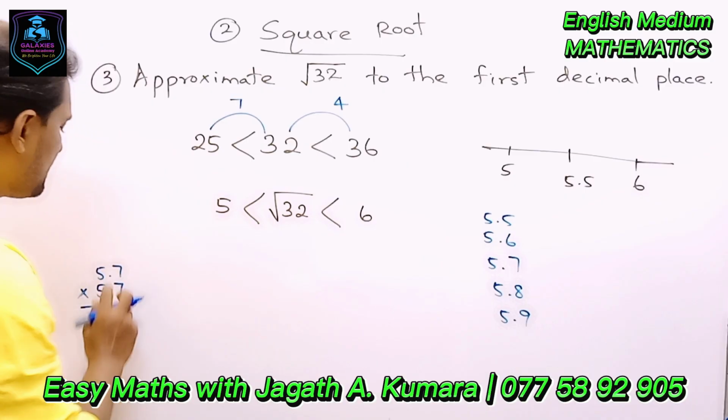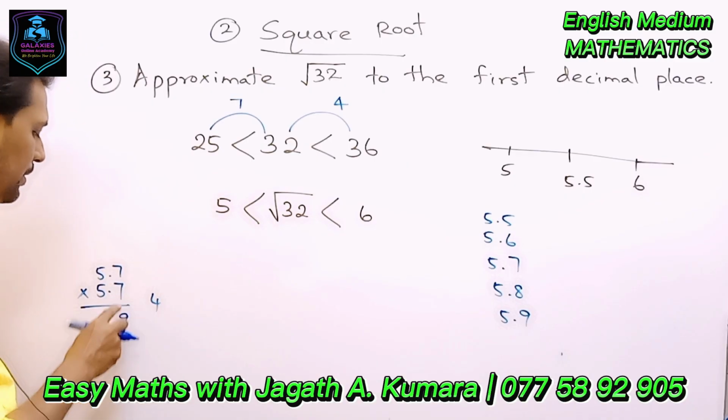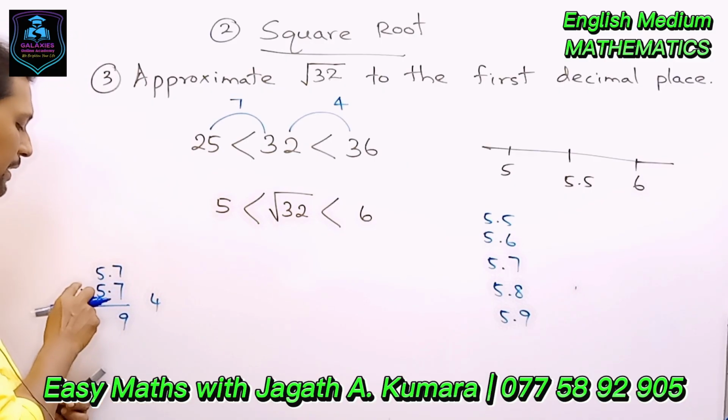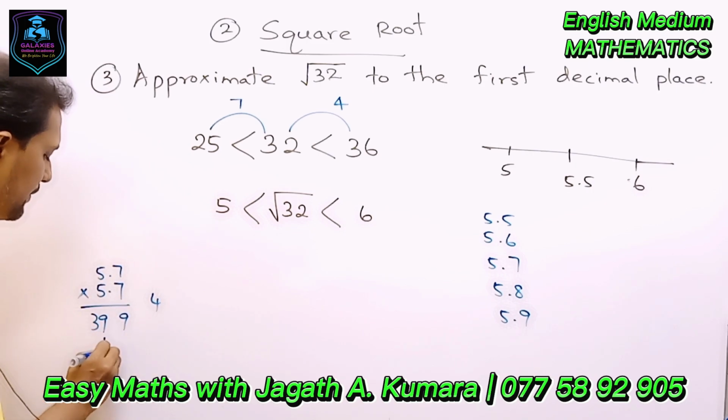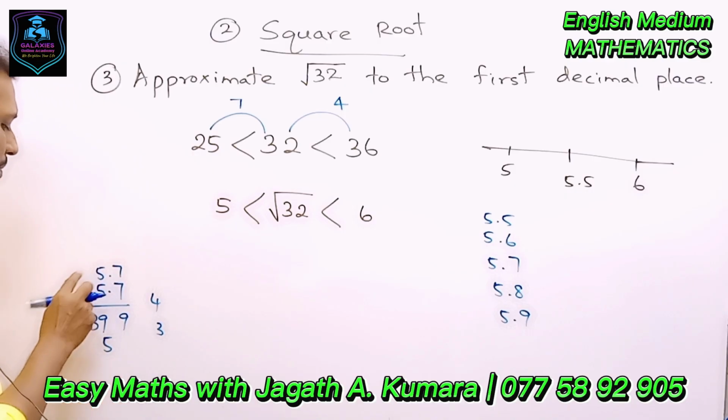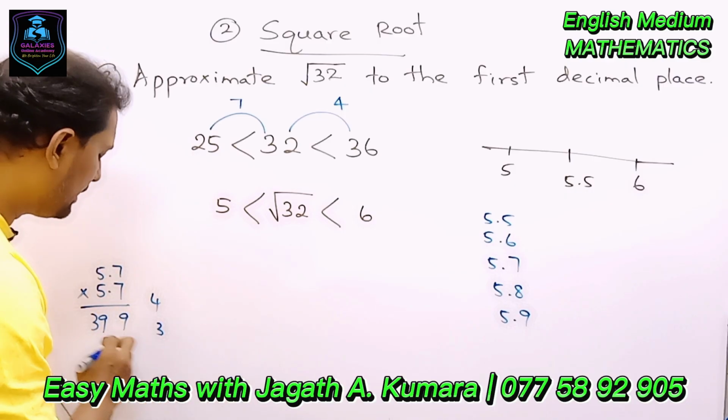What is the value? 7 times 7, 49, remaining 4. 7 times 5, 35. 35 plus 4, 39. 5 times 7, 35, remaining 3. 5 times 5, 25, plus 3, 28.